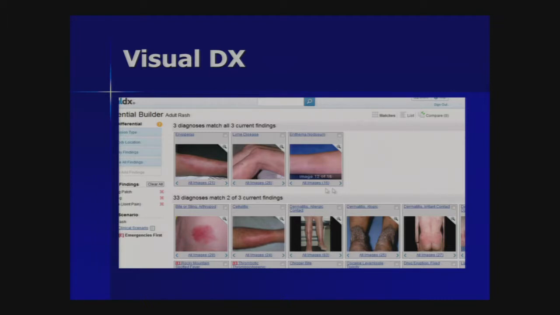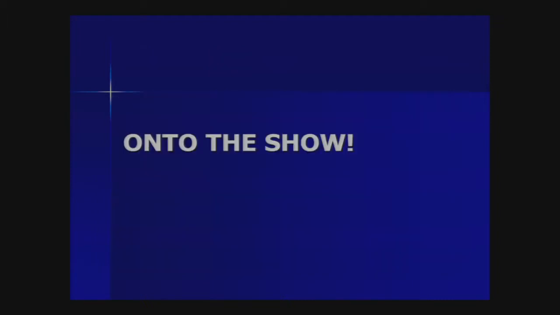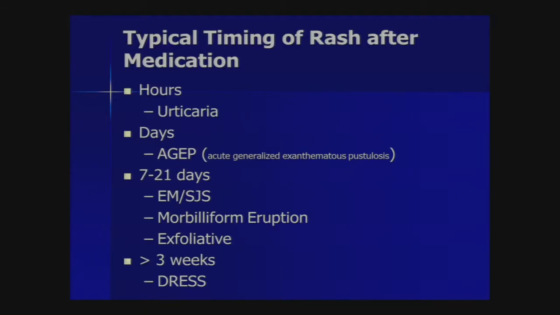Now we're going to talk about how to differentiate the rashes and what to look for. Like I said, the skin can only do so many different things, but it's really the pattern and the timing of when things come up. Here are your most common drug eruptions, and it's really the timing of when the medication was given and when the rash occurred. If it's within hours, it's usually urticaria.